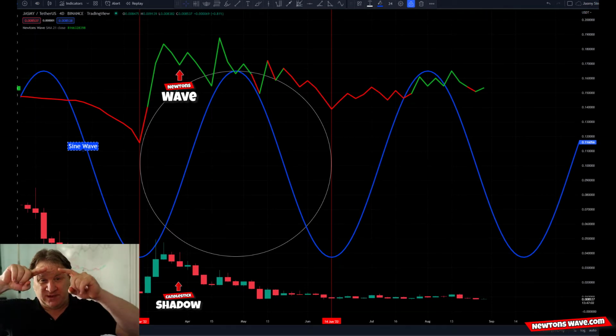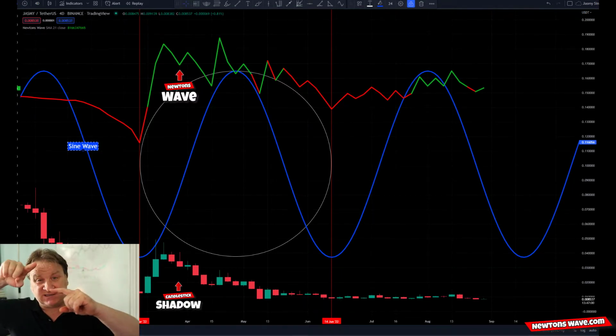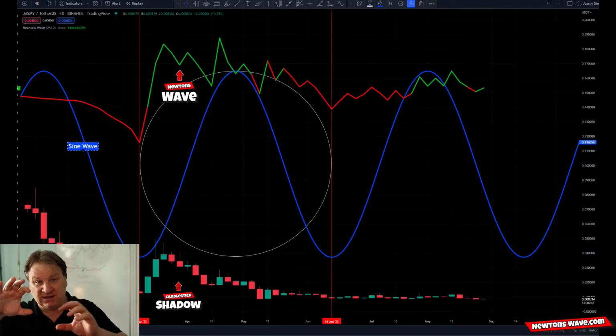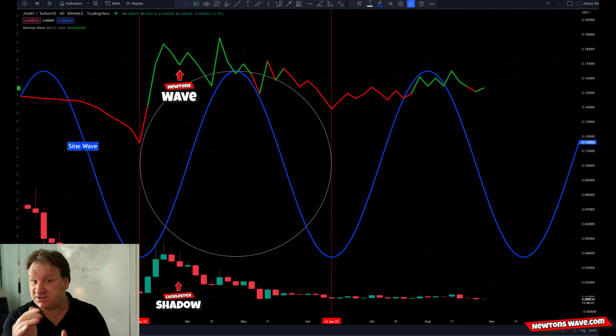A circle does a 360-degree rotation, and a circle can be split up into 4 parts. So if it's 360, the 4 parts would be 90, 90, 90, and 90. That is the whole movement, or cycle, of one sine wave.